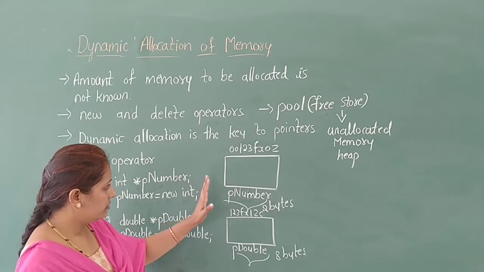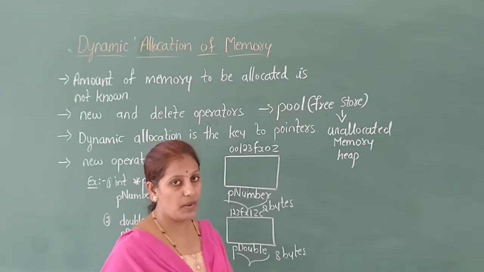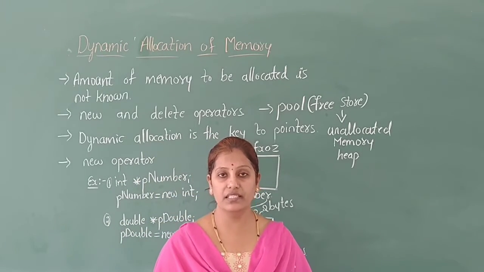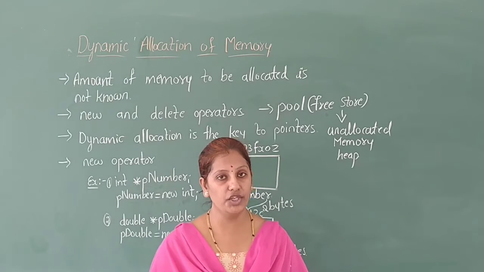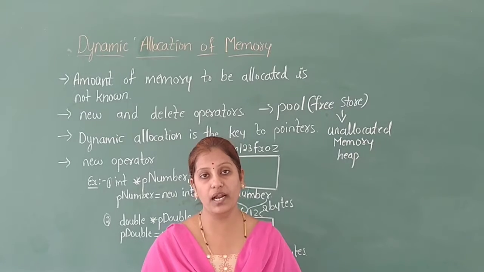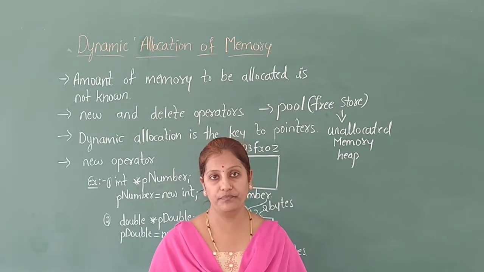Okay, this is called dynamic memory allocation. If the memory is allocated at the time of program run, it is called dynamic memory allocation. If memory is allocated at the time of program compilation, it is called static memory allocation.